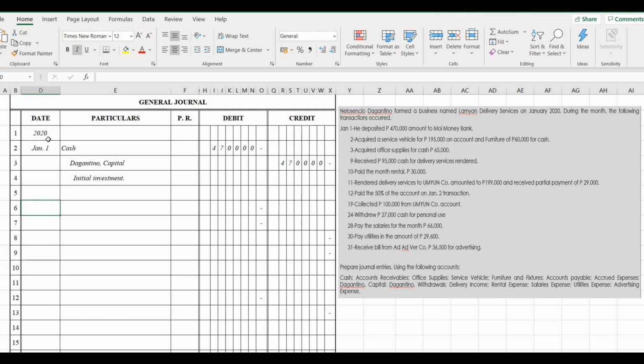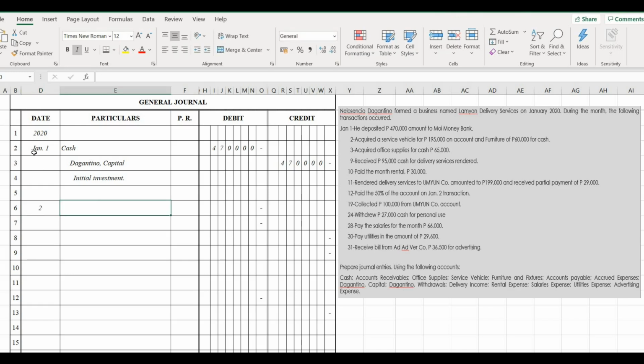So for January 2, since nandito naman in this page, nakasulat naman that this is for the month of January. So, pwede na in the second transaction, you do not write anymore the month. Diretso na lang doon sa date. So, in this case, 2 tayo.